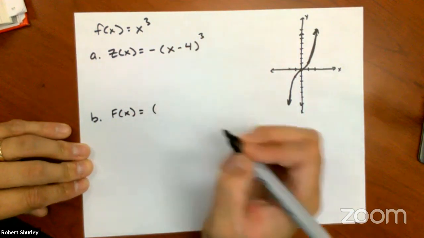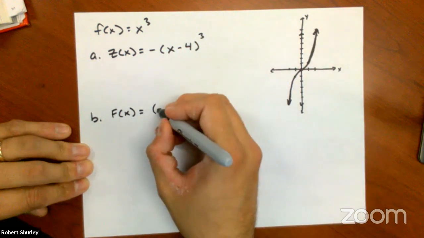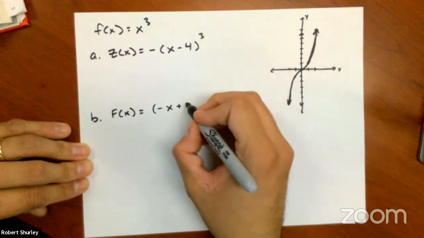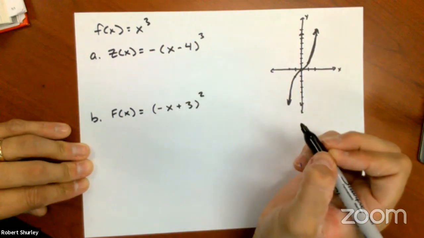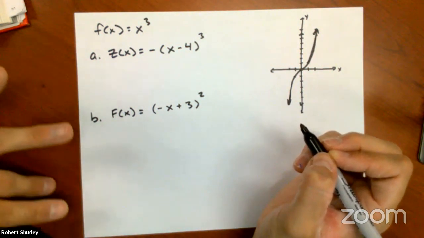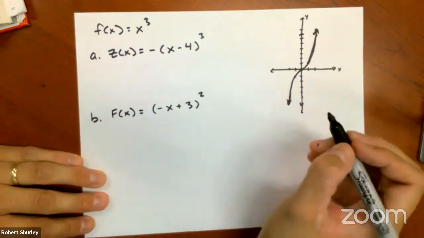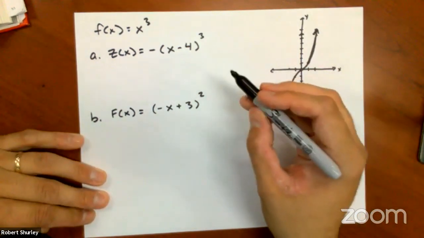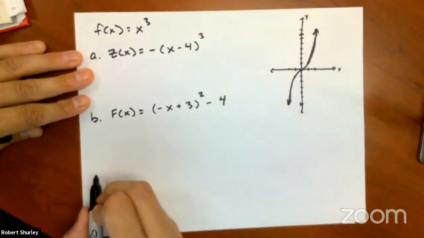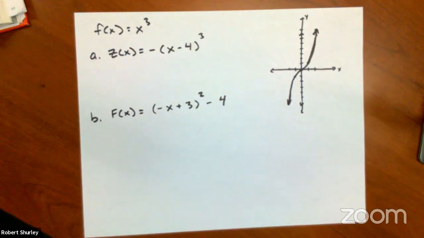Equals negative, now the negative's on the inside, (x plus 3) squared. Oh, you know what? Hold on. This is going to reflect. That's okay, these might be on top of each other. Maybe we'll move it down then. Let's say minus 4. Try those two. They might be sitting on top of each other, and I apologize for that. It's me just making up examples.